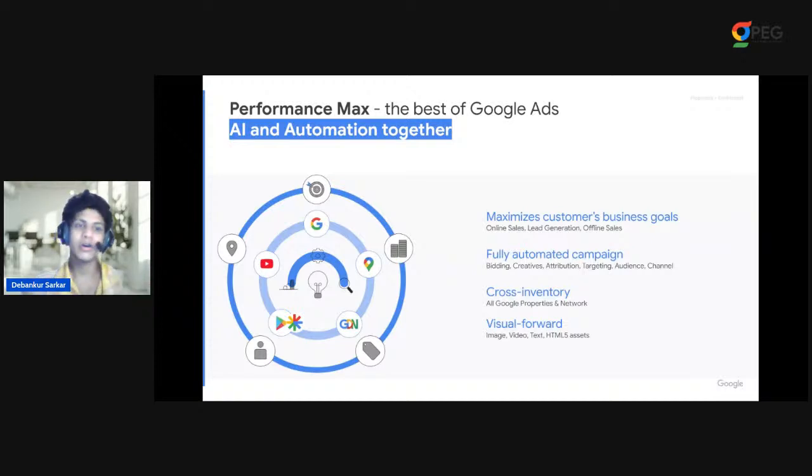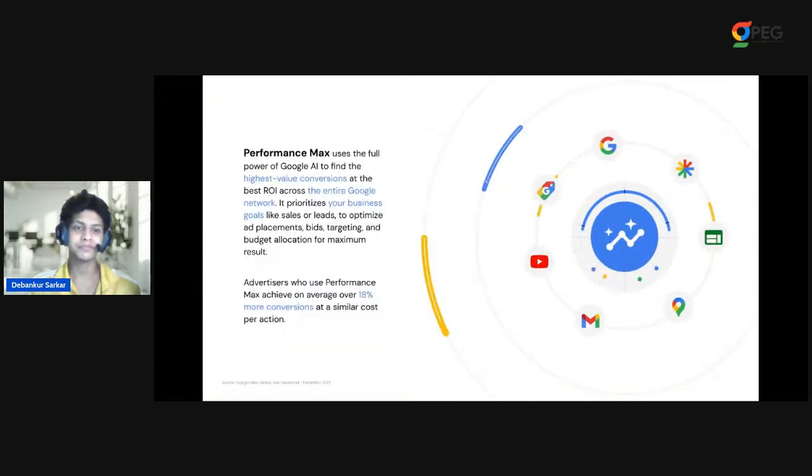It is all about capturing attention and driving engagement across visual platforms like YouTube, Display, and Discover. Ultimately, Performance Max harnesses the intelligence of Google's AI to simplify campaign management and optimize your specific business results across the full breadth of Google's advertising reach.